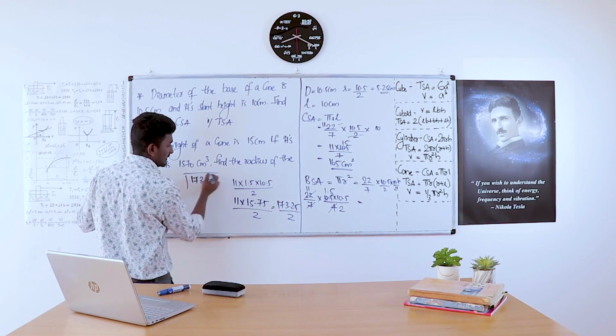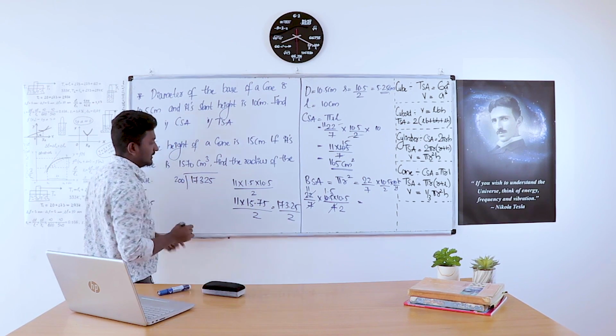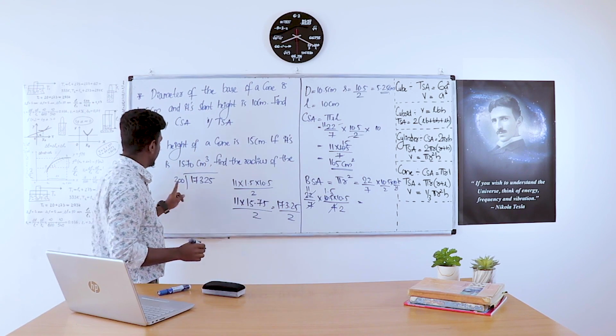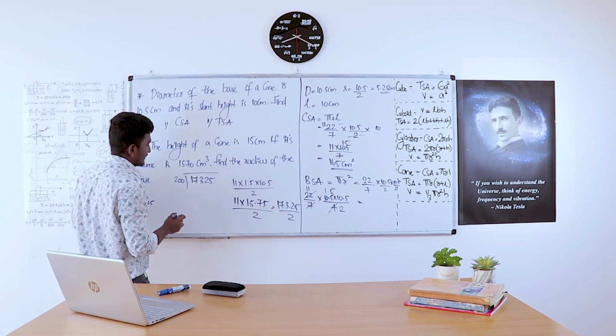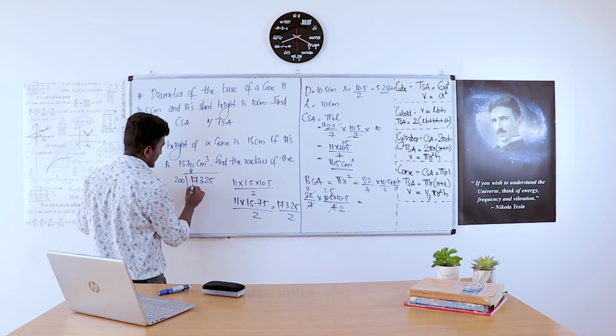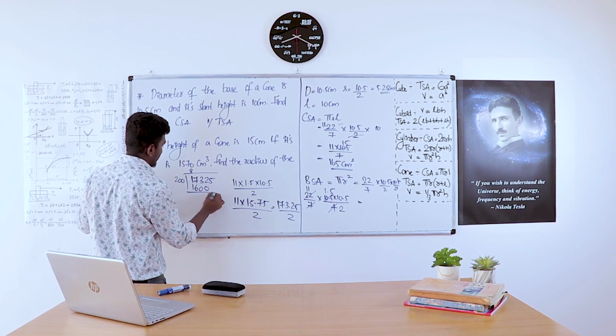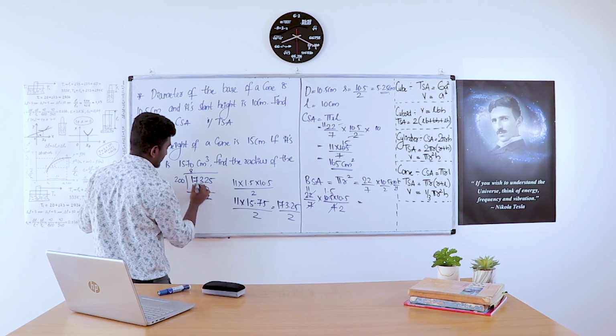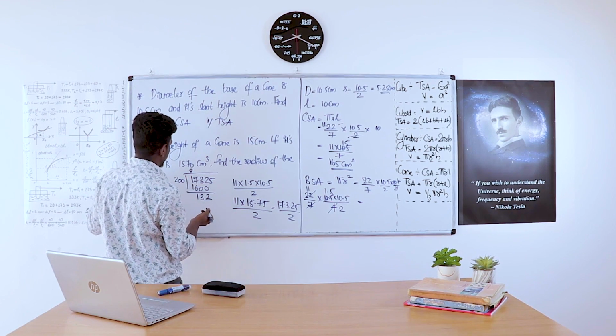Simply, I'm just putting off the decimal, 17325, then giving 2 zeros here. Then 8 into 200, it is 1600. Remainder 2 minus 0, 2, 3 minus 0, 3, 7 minus 6, 1, 132.